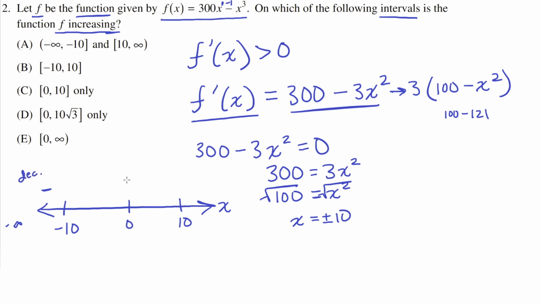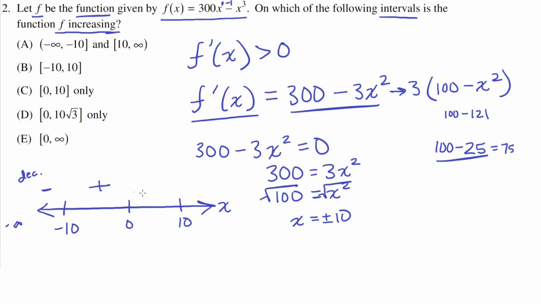Now let's check values between negative 10 and 0. If we plug in, say, negative 5 for x, we'll have 100 minus 5 squared, which is 25. The negative cancels out because a negative number squared just gives us a positive one. And 100 minus 25 is just 75. If you multiply that by 3, we're still going to get a positive number.